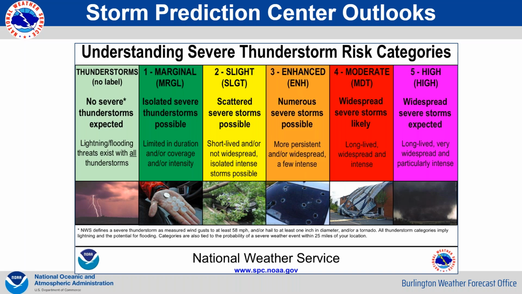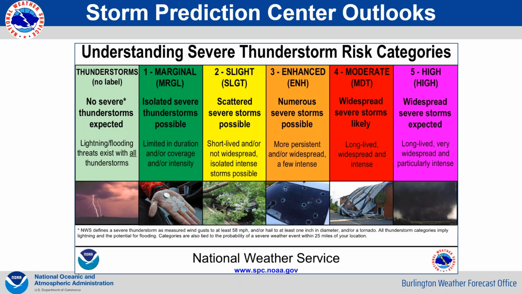And so here I have listed the Storm Prediction Center's risk categories for severe thunderstorms, from green, to sure, a thunderstorm is expected but none of them should be severe, to marginal or slight, which would indicate isolated to scattered, generally short-lived severe weather conditions possible, towards more of the oranges and the reds, like enhanced risks or moderate risks or high risks that indicate the potential for numerous or widespread severe thunderstorms that could be more persistent or long-lived.